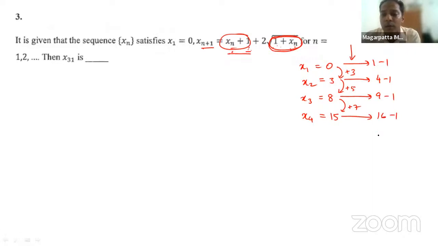So the next term would be 25 minus 1, that is 5 square minus 1. Next term would be 6 square minus 1. We wanted the 31st term, so that would be 31 square minus 1, which is 961 minus 1, and hence the answer would be 960.